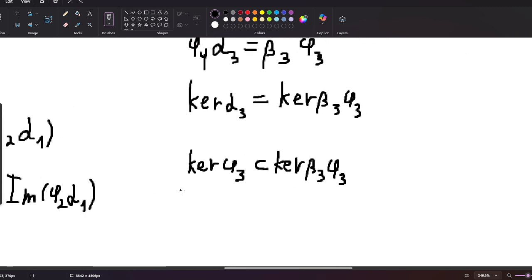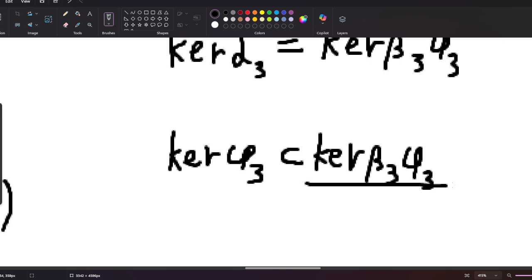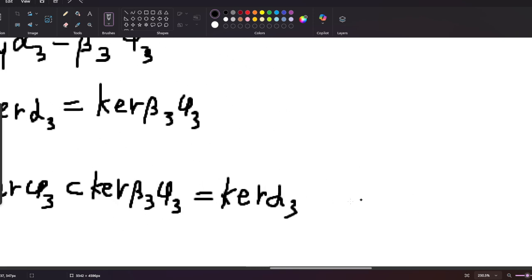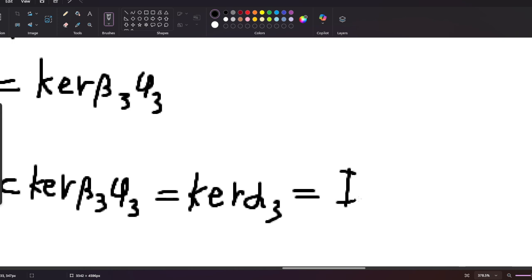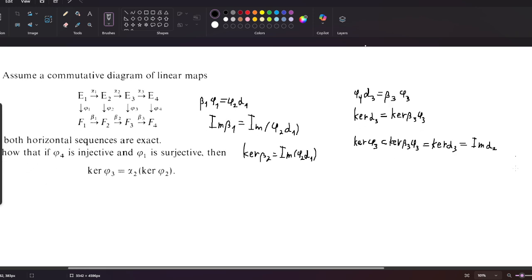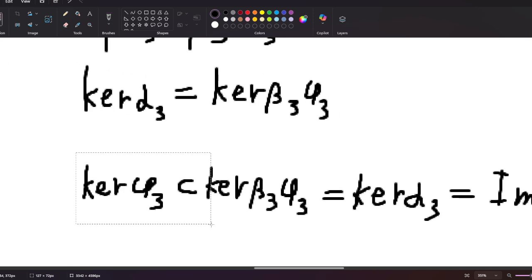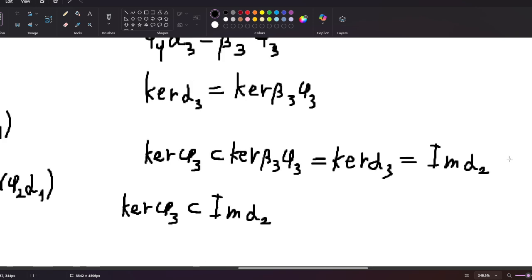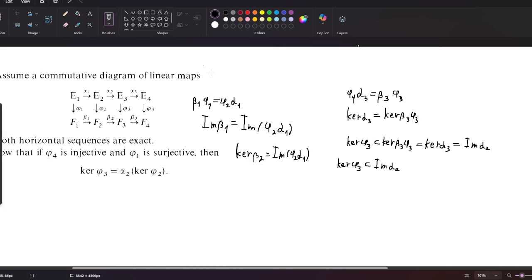So the kernel of phi 3 is a subset of the kernel of beta 3 phi 3, and since that is equal to the kernel of alpha 3, we can write this down. We can also say that the kernel of alpha 3 is also the image of alpha 2. So we have quite a few interesting things going on. We know that the kernel of phi 3 is a subset of the image of alpha 2.